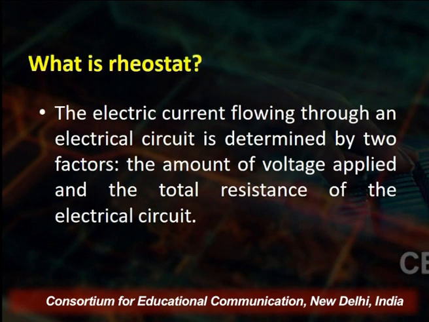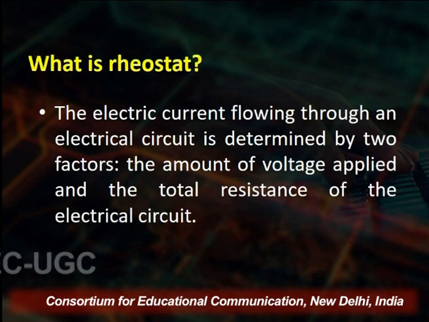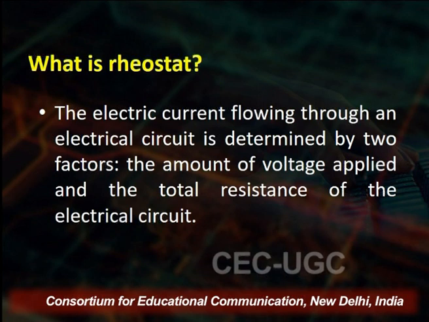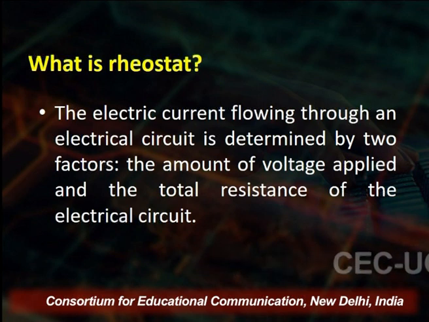The electric current flowing through an electric circuit is determined by two factors. First is the amount of voltage applied, and second is the total resistance of the electrical circuit. So, a rheostat is used to control the resistance. If we reduce the circuit resistance, the flow of electric current through the circuit will increase.